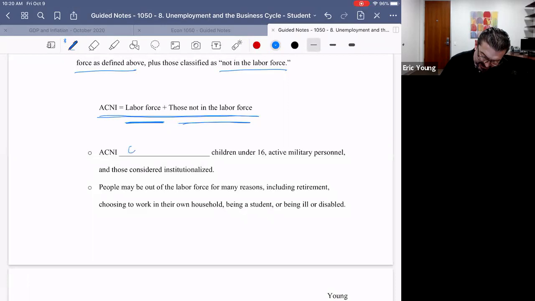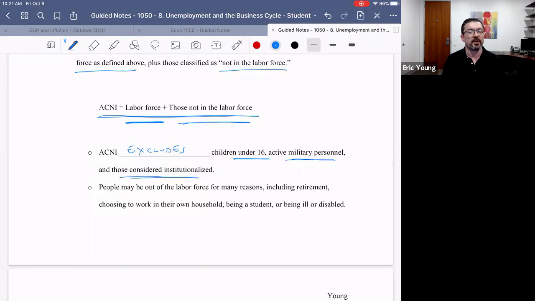Note that the ACNI excludes certain categories. It excludes children under 16. That's the adult part of ACNI. It excludes active military personnel. That's the civilian part of ACNI. And it excludes those considered institutionalized, which may imply long-term hospitalized, or, more commonly, those who are in the jail or prison system.